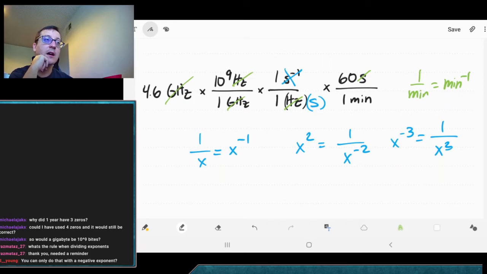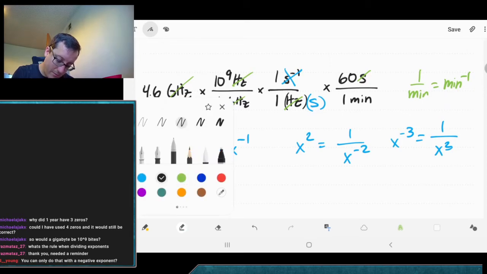I think here it's going to be a little bit easier to say, okay, well, I can just move this second business down so that it can cancel out more easily. And if we do this, by the way, we can do our math.